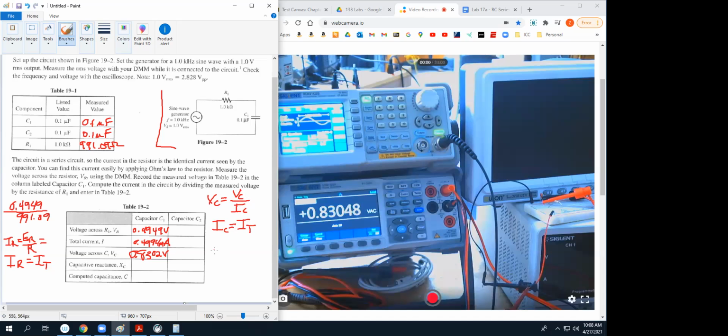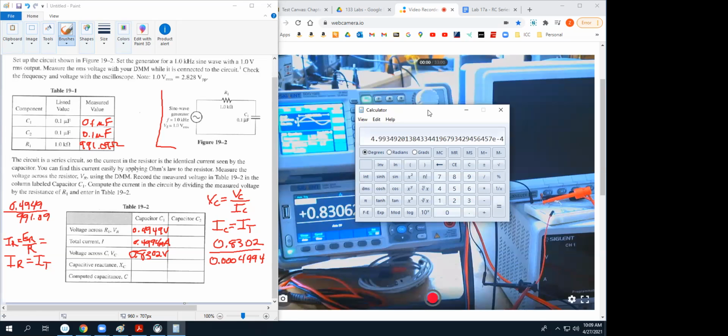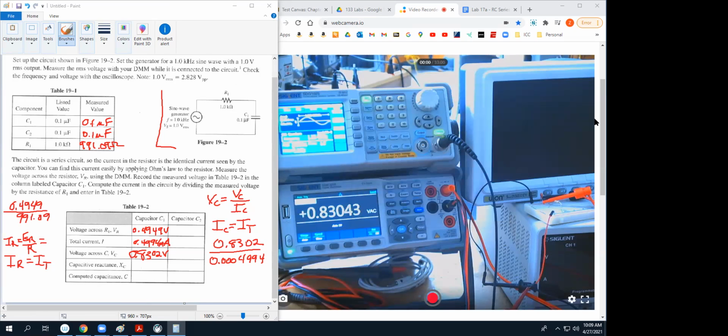So we get 0.8302 divided by total current, 0.00049994. About 1,600 ohms is what I'm getting.